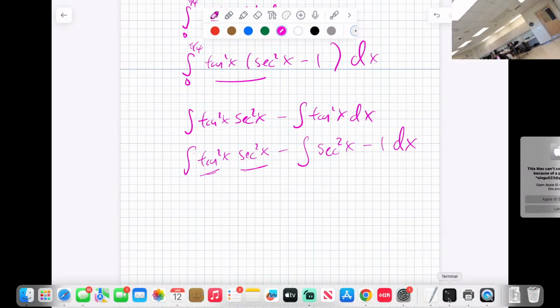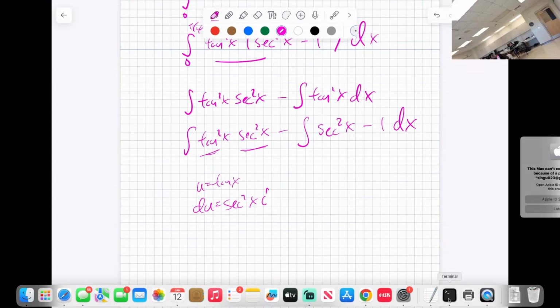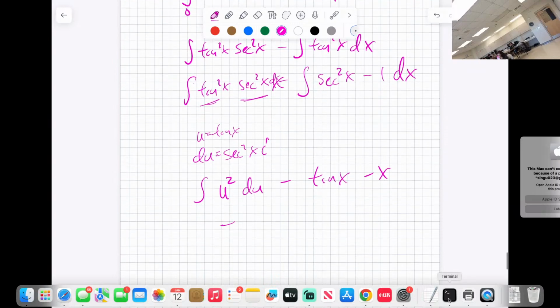What is u equal to? du is equal to secant square, which is nice because this alone is du, and this becomes u squared, minus the integration of secant square, which is tangent of x, because the derivative of tangent is secant square, and that's minus x. So all you have to do is integrate that. That's going to be tangent to the third x over 3 minus tangent of x minus x between pi over 4 to 0.